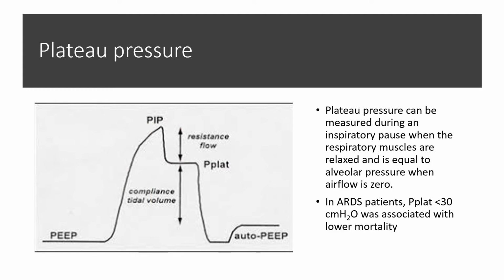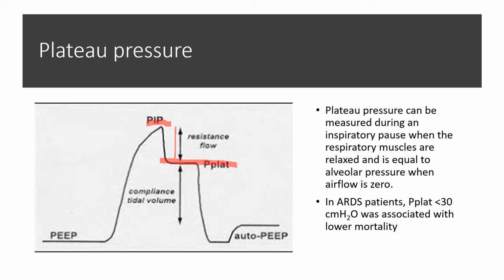So I used the same graph to show you the plateau pressures. As I mentioned before, this is your peak inspiratory pressure, right? And the area between here, this area right here, is resistance, right? So if you take resistance away, what you're left with is plateau pressure.